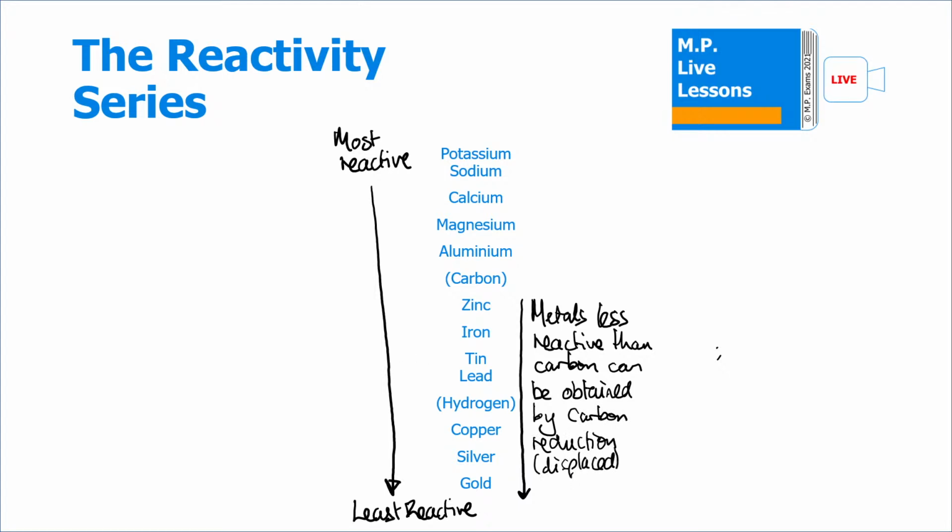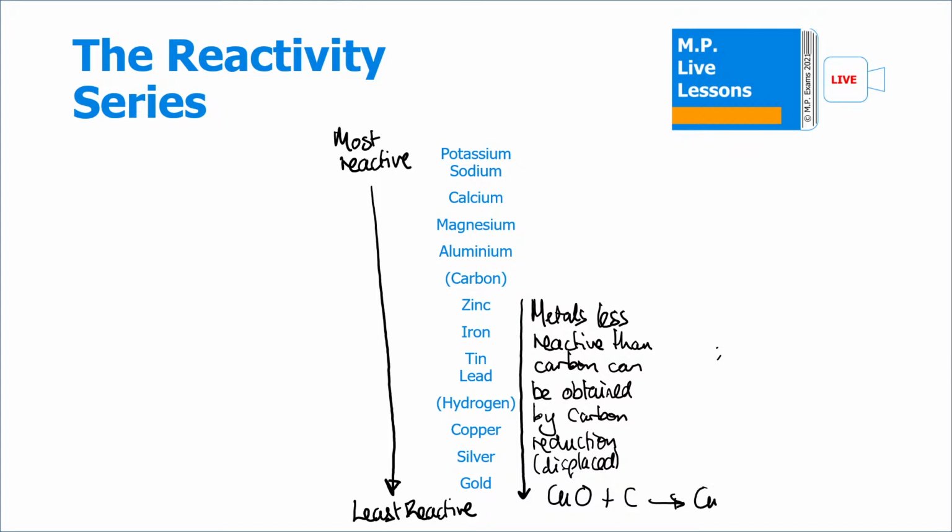A good example can be copper oxide. What happens is the carbon displaces the copper because it's more reactive, so it basically kicks it away and bonds with oxygen.